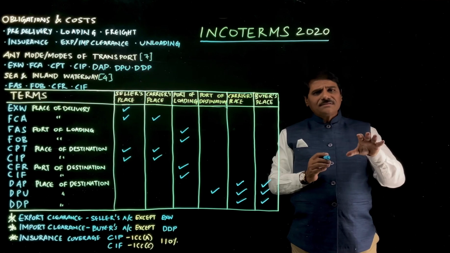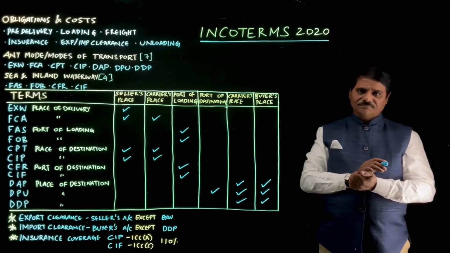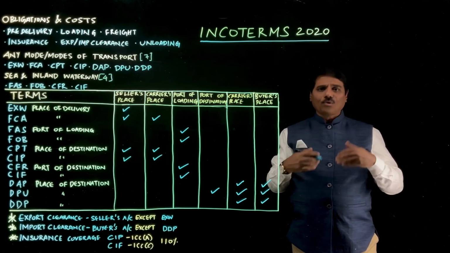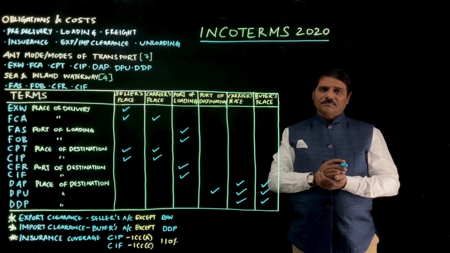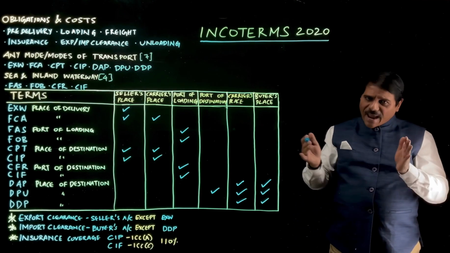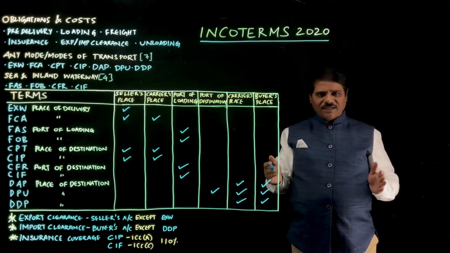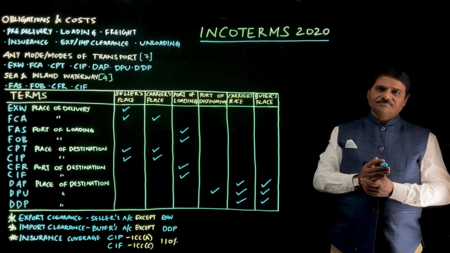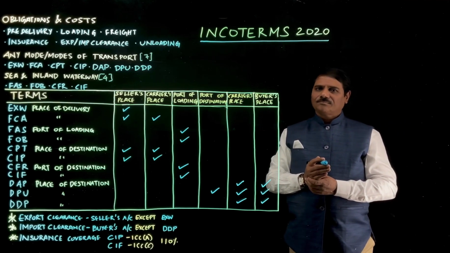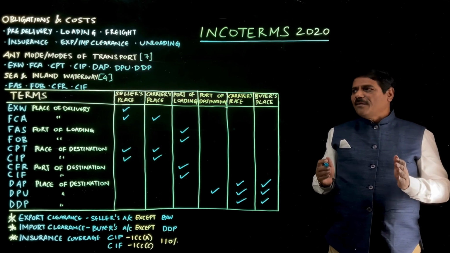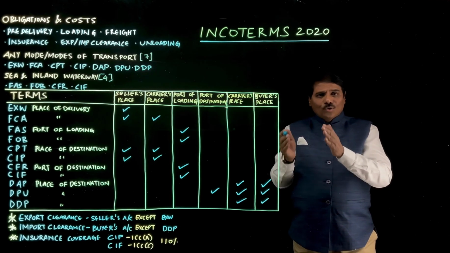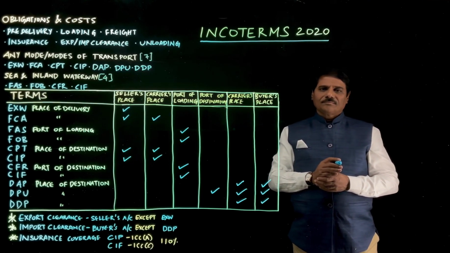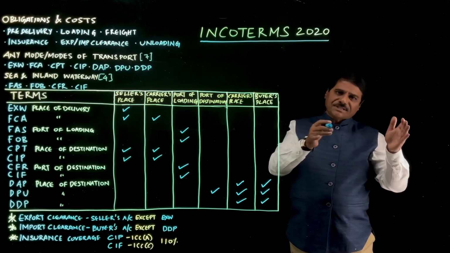Whereas, if the shipments are bulk shipments, like if you are exporting coal or crude oil or bagged rice, non-basmati rice, maybe 10,000 tons, 15,000 tons, 20,000 tons, like that, the seller can load the goods on board the ship. So, the seller is able to access the ship.